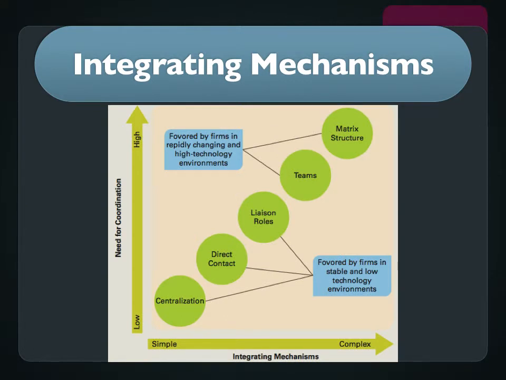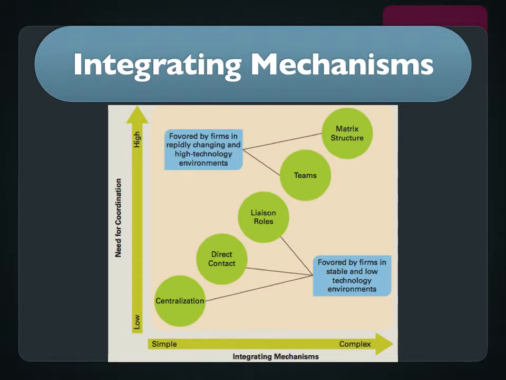And so graphically, we can think about it this way. Having two axes, the need for coordination, and then the integrating mechanisms from simple to complex. So the more complex and the higher need for coordination, you'll have matrix structures and teams, at lower levels of need for coordination, that's centralization.